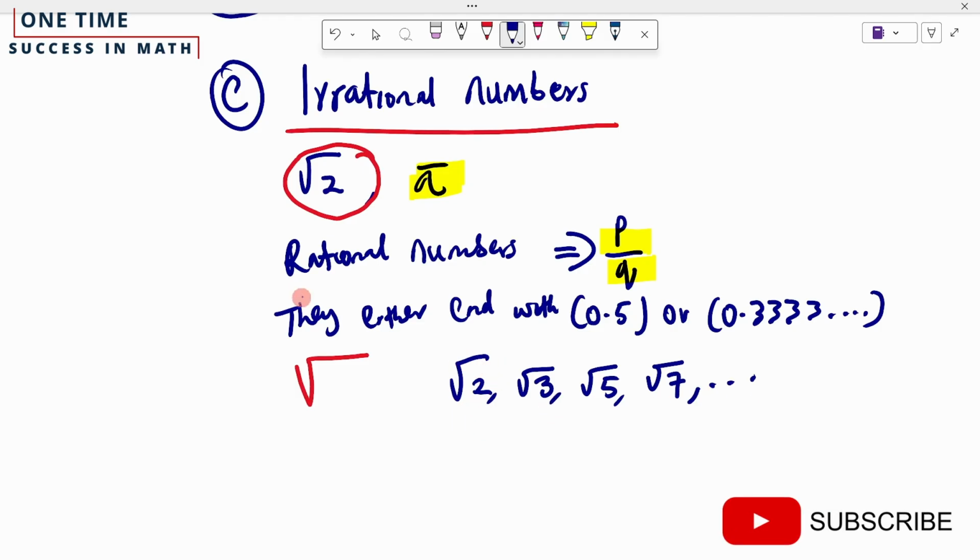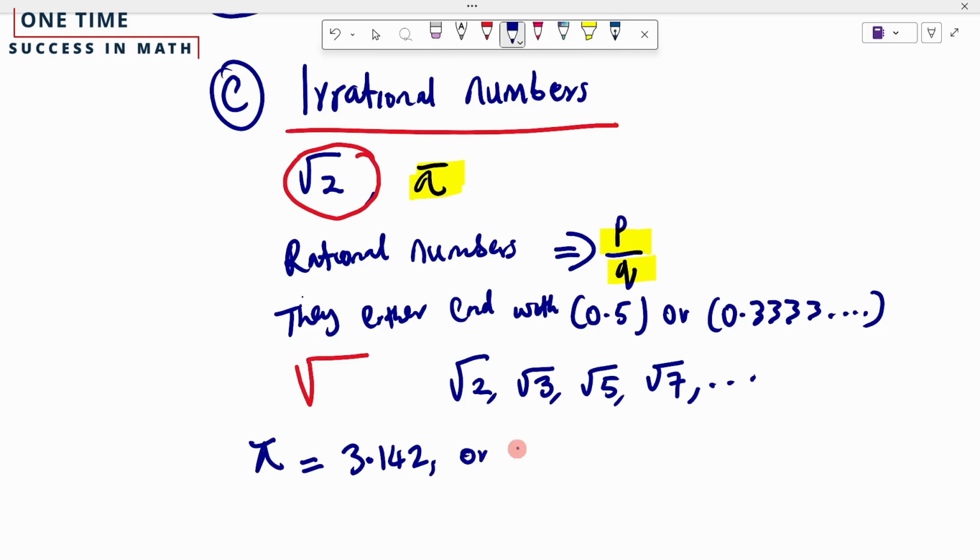When we look at pi, you will notice that we write it in the form of 3.14, let's say 3.142, or as 22 over 7. These are just nicknames that we use to represent pi, but they are just approximations that make our calculation easy.